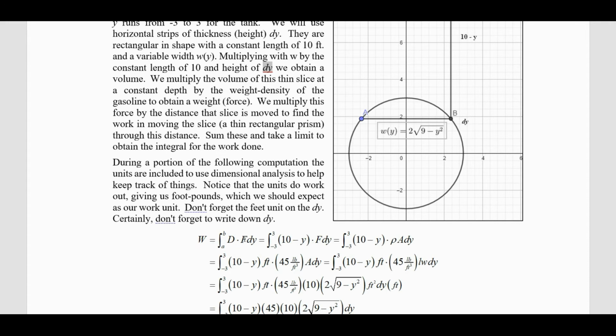So work is force times distance. Okay, so y is running from negative 3 up to 3. Our distance moved is 10 minus y. Our force is going to be the density, I'll call it rho here, times A. It's actually a weight density.